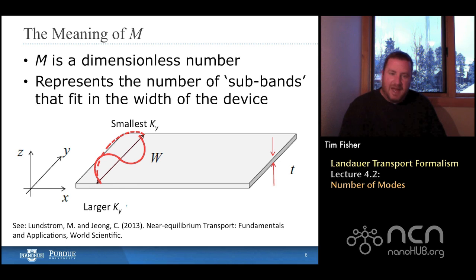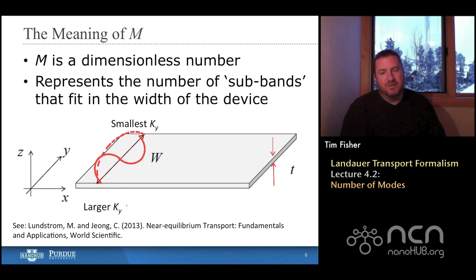Now, the waves in that direction, or the components of the waves in that direction, do not contribute to transport because we are interested in transport in the x direction here. But we can have a number of different wavelengths in the cross plane direction, or the transverse direction. And so the smallest wave vector will be a half wave, and then the next one will be a full wavelength.